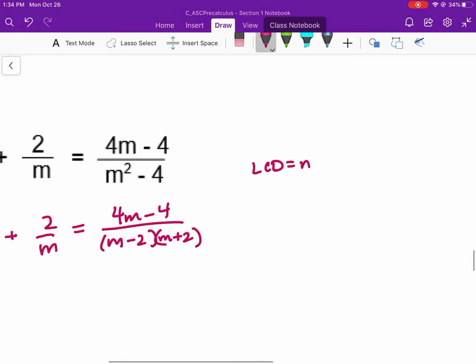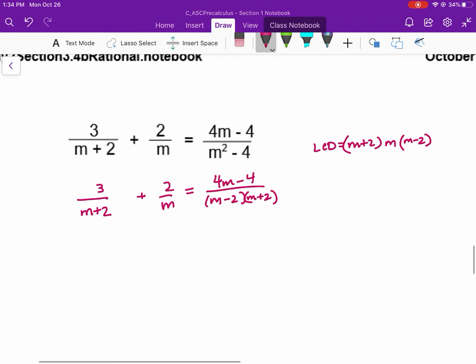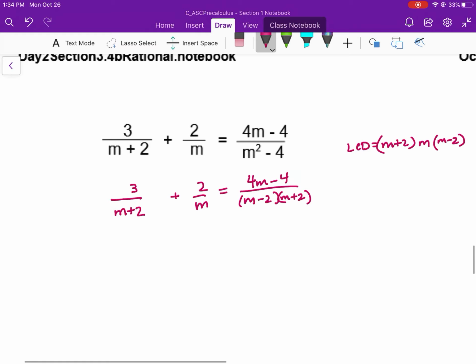So my LCD is going to be m plus 2 from the first denominator. It's going to be m from the second denominator. And from the third denominator, I already have the m plus 2, so I'm not going to write it, but I am going to write m minus 2. So that's my LCD. Not very least, but that's what it is. So I'm going to multiply this by m plus 2, by m minus 2.